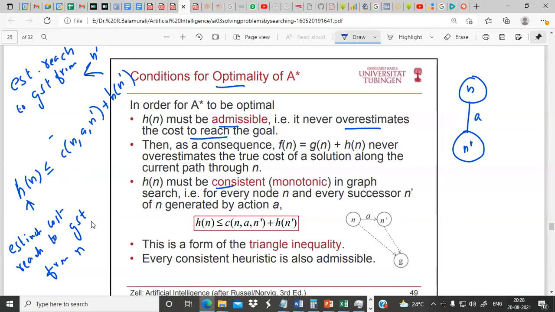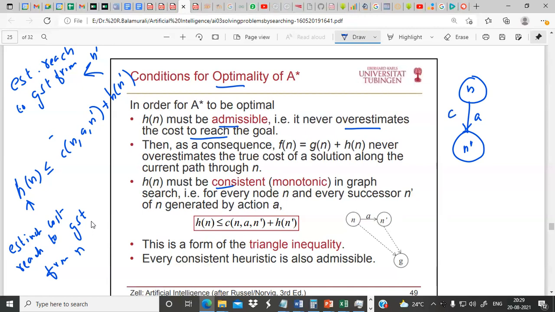The c of n comma a comma n dash means the cost of moving from n to n dash by performing the action a. c represents cost, right? So when you perform an operation a in n, you will move on to n dash. But there is a cost involved in doing so.